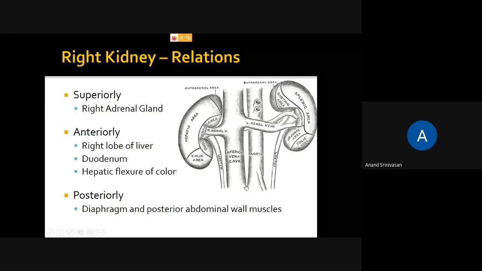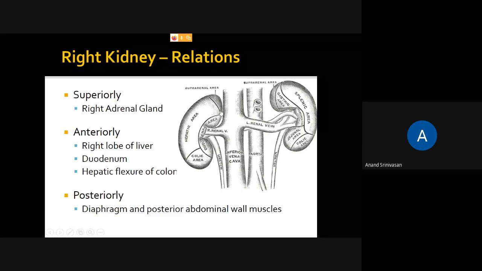Now the relations. What are the structures closely related to the kidneys? There are some differences in the relationships between the right kidney and the left kidney. First let's see the right kidney relations. On the top, superiorly, there is the adrenal gland or suprarenal gland.